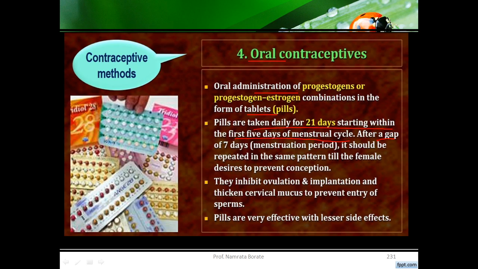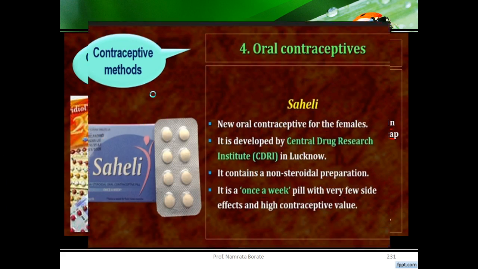After a gap of 7 days of the menstruation period, it should be repeated in the same pattern till the female desires to prevent conception. They inhibit ovulation and implantation and alter the cervical mucus to prevent the entry of sperms. The tablets are very effective with fewer side effects.